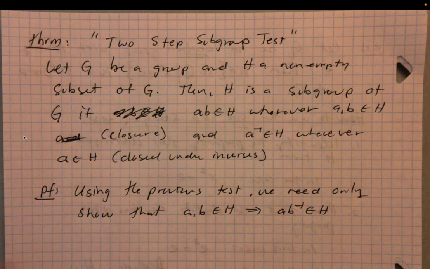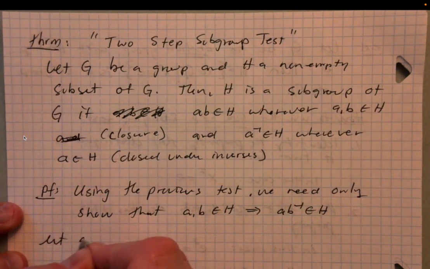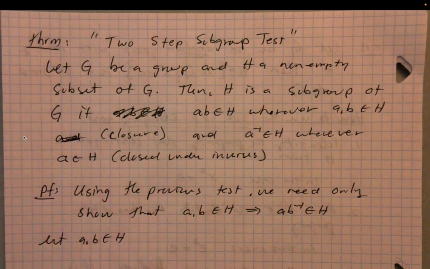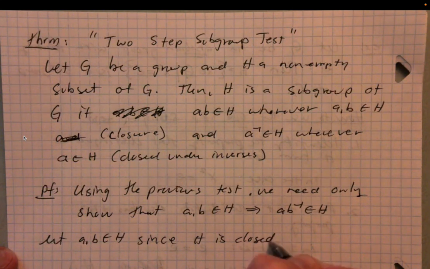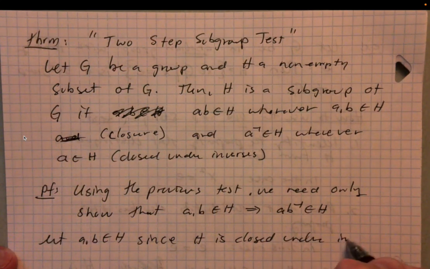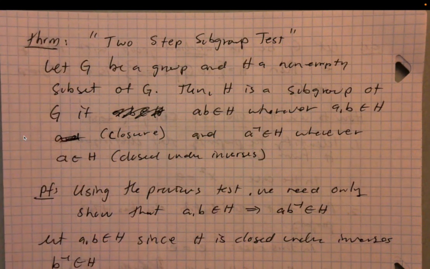So we're going to let A, B be in H. Now, since H is closed under inverses, right? We're assuming H is closed under inverses, then B inverse is in H. Straightforward.